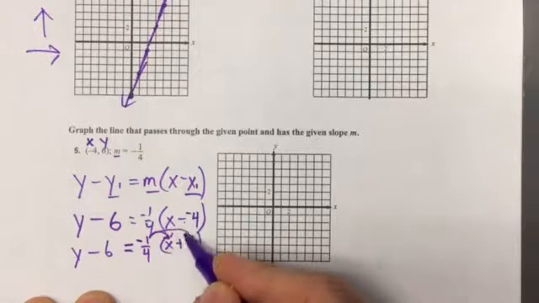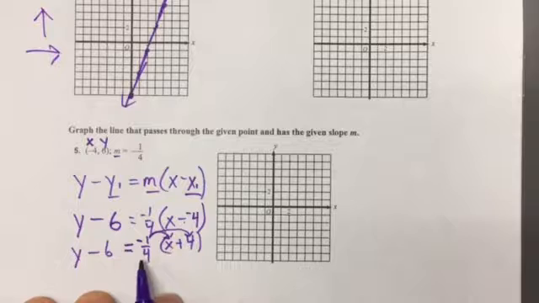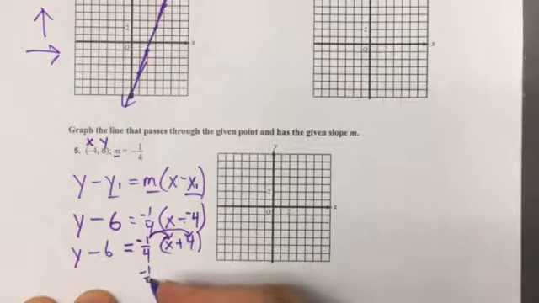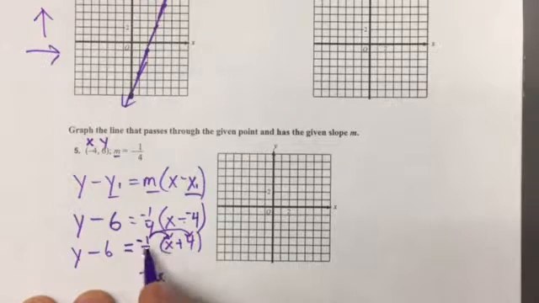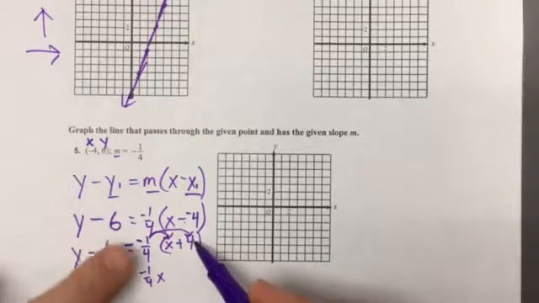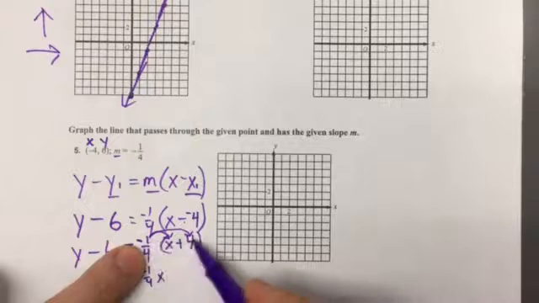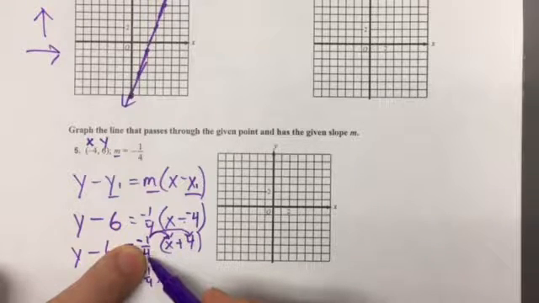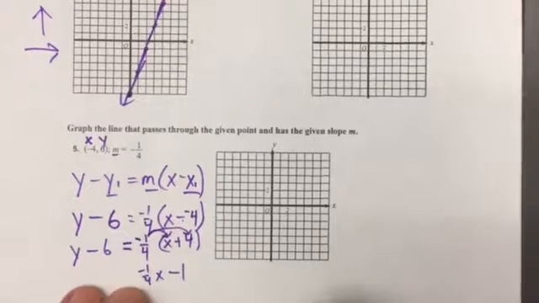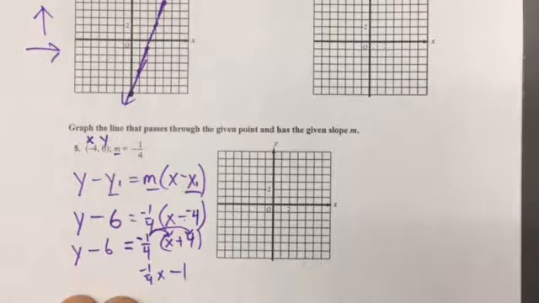Now I'm showing distribution. Negative 1/4 times x gives me negative 1/4 x. Negative 1/4 times 4. If you're savvy with the numbers, the 4's cancel. Multiplying by 4 and dividing by 4, you're left with that. So you have negative 1.